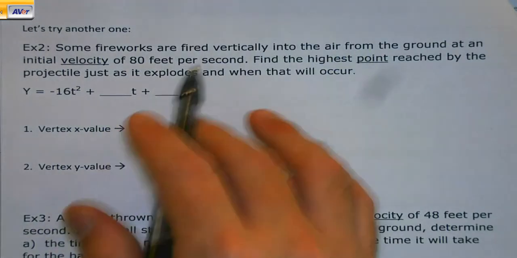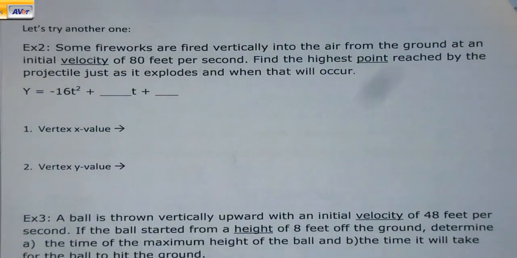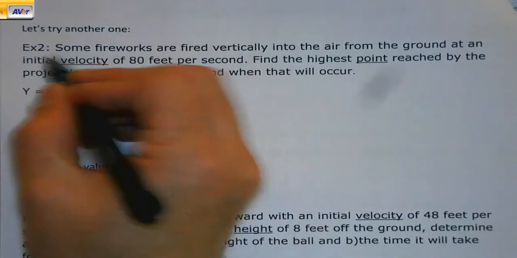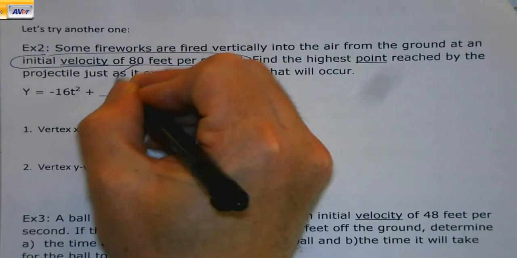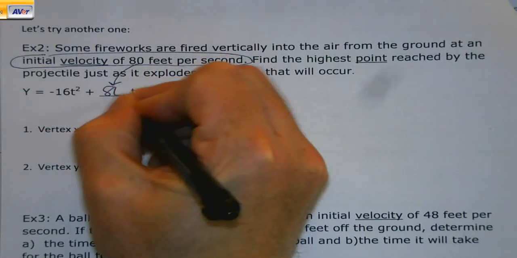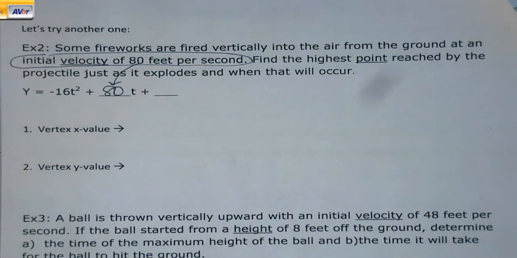Some fireworks are fired vertically into the air from the ground at an initial velocity of 80 feet per second. You're like, what the heck is that? Initial velocity is always going to be, if it's there, the number that's in front of t. How fast is this going when I start? -16, if you're curious, just talks about gravity. Gravity doesn't change, so you're going to see that stay the same for these.